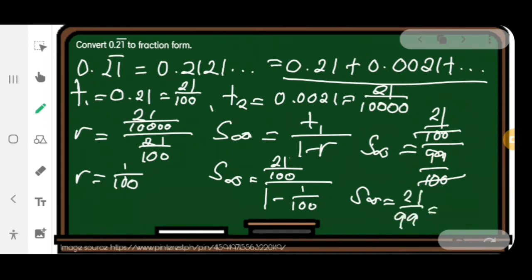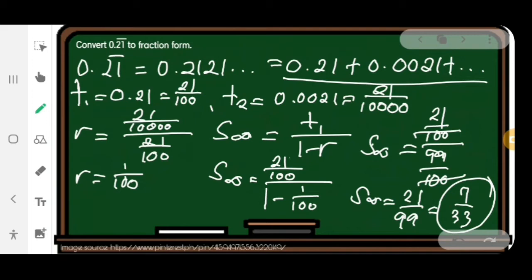So the lowest term of 21 over 99 is 7 over 33. That means the decimal 0.21 repeating is equal to 7 over 33.